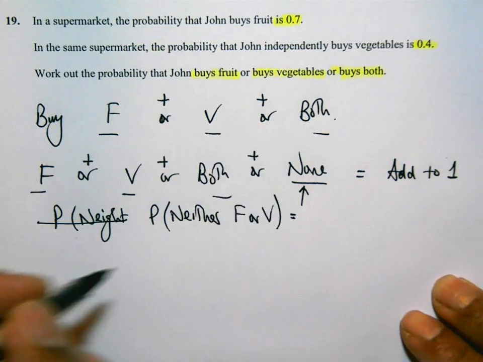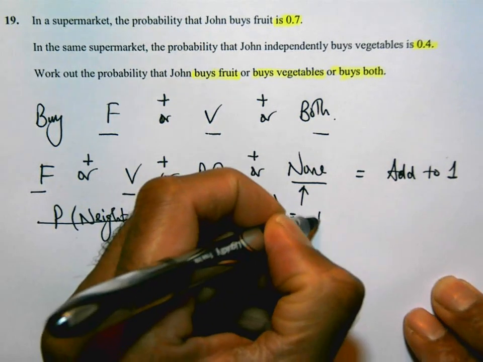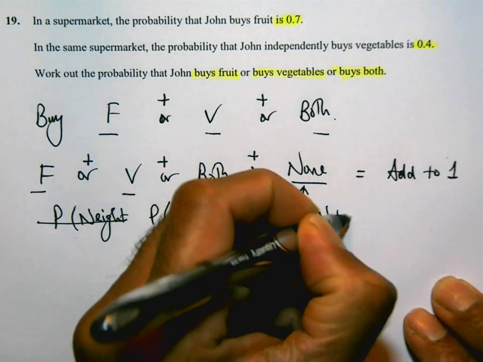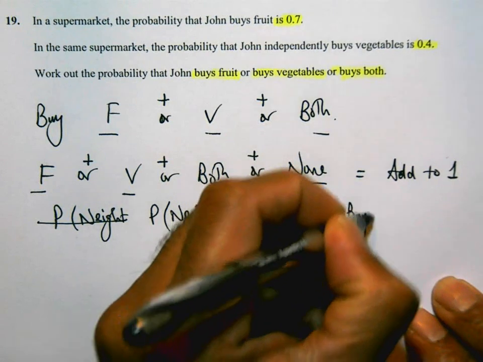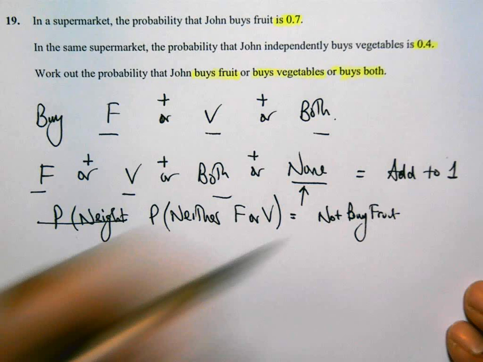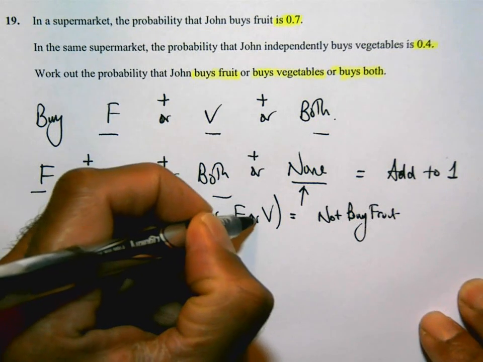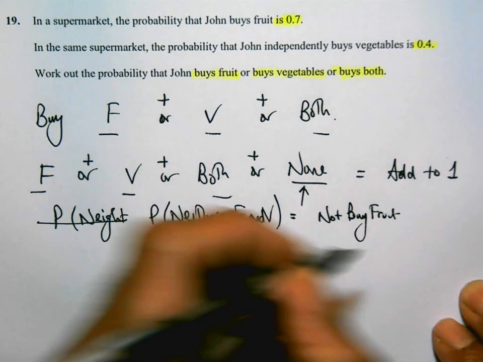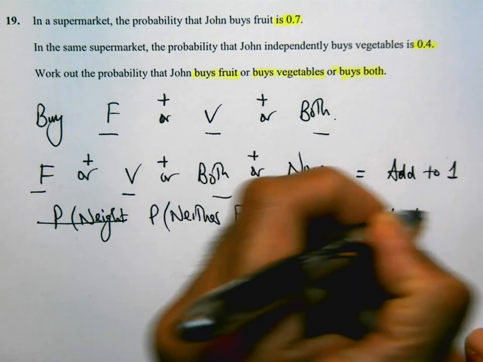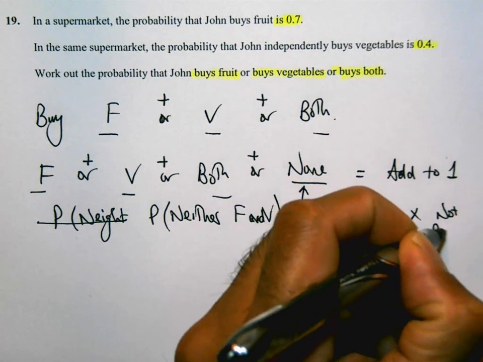So the probability he does not buy fruit, so this will be fruit and vegetables, times the probability he does not buy vegetables.